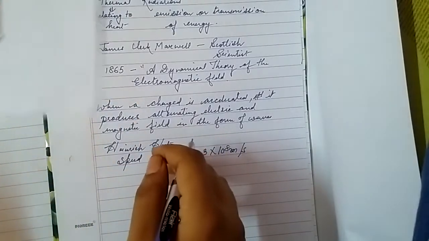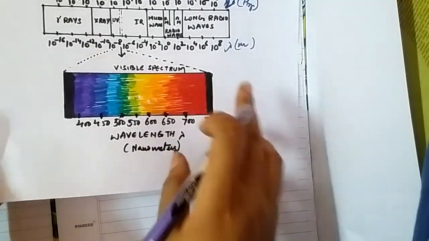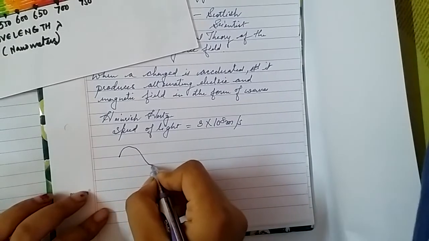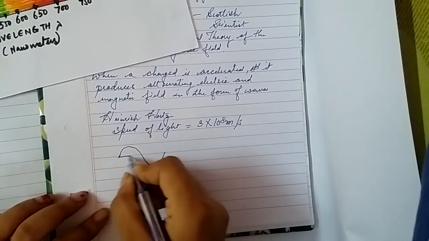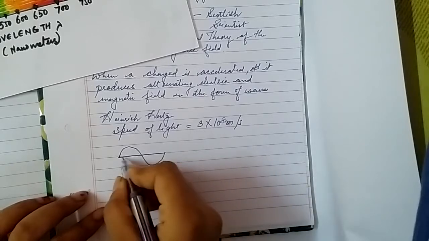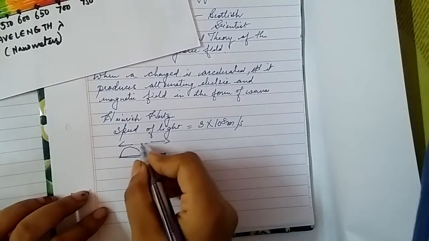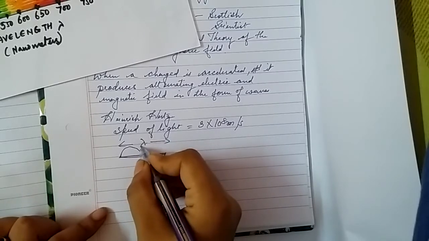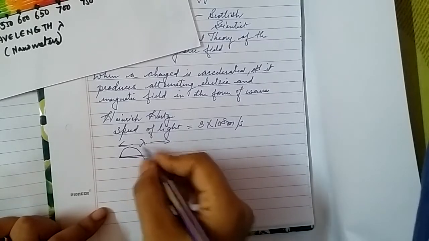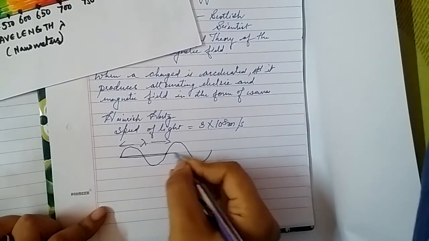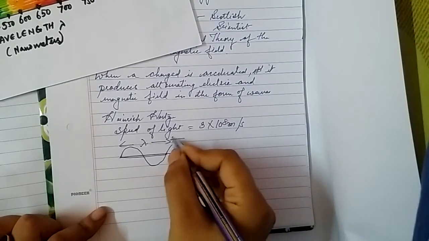Now talking about the frequency, what is the frequency and what is wavelength? If I draw a wave, the length of this complete wave is going to give you the wavelength. This is represented as lambda. Now this is another wavelength.